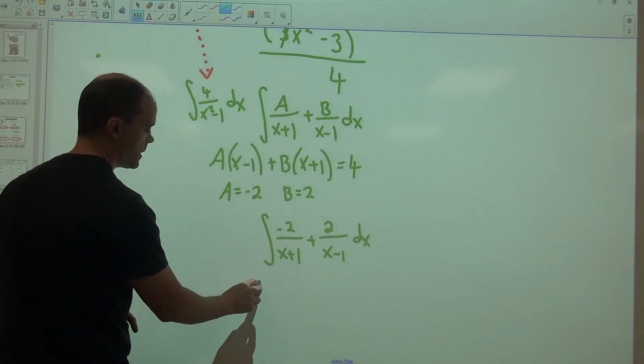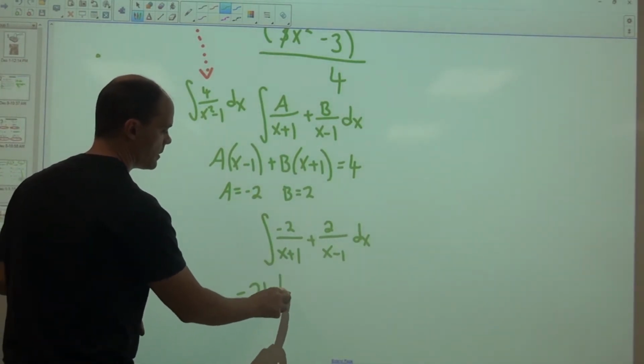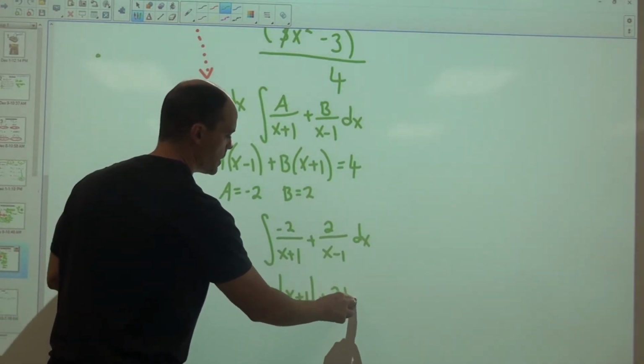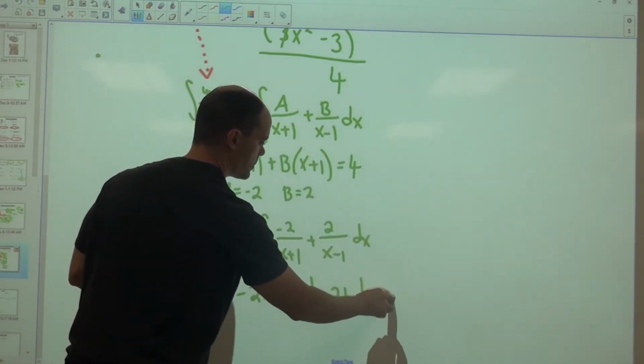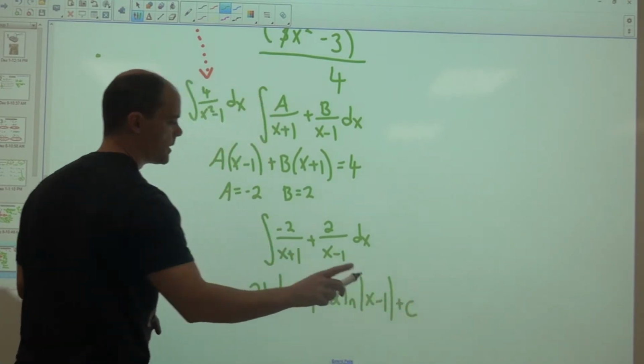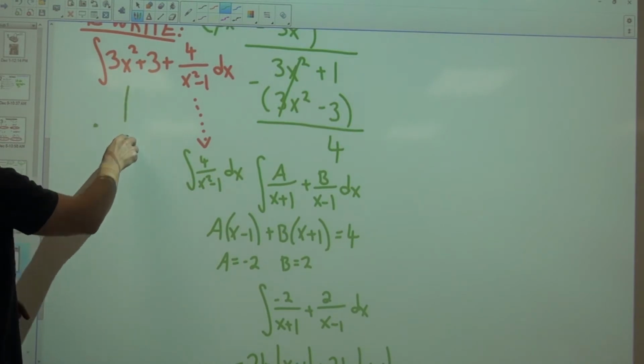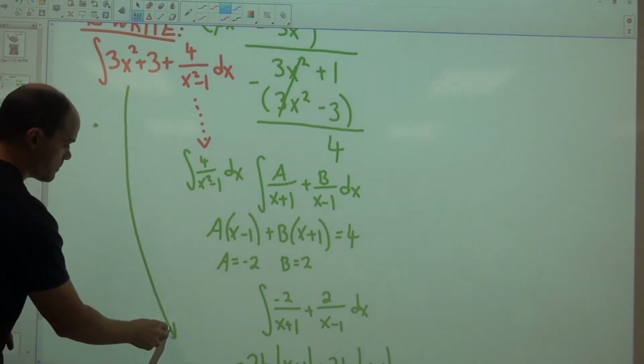So minus 2 ln of x plus 1, plus 2 ln of x minus 1 plus c, and don't forget, we left these guys off, so we have to bring these guys back.